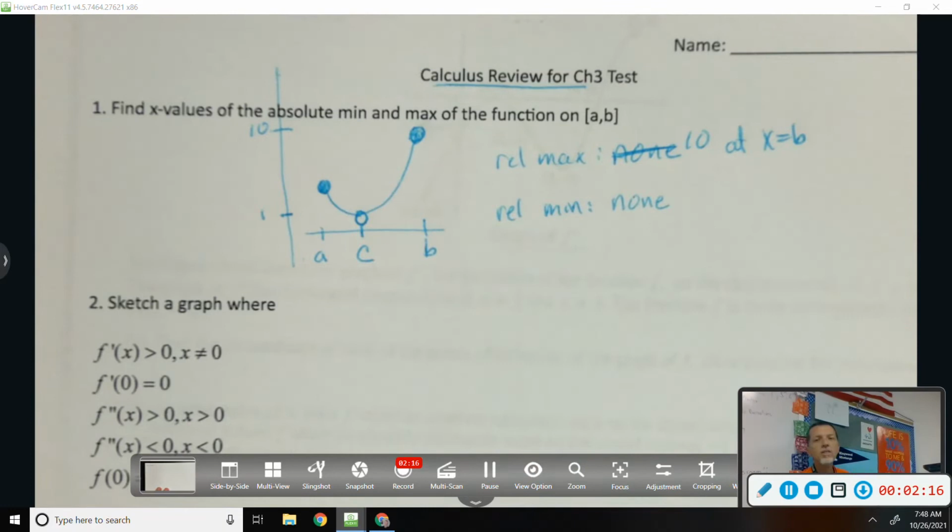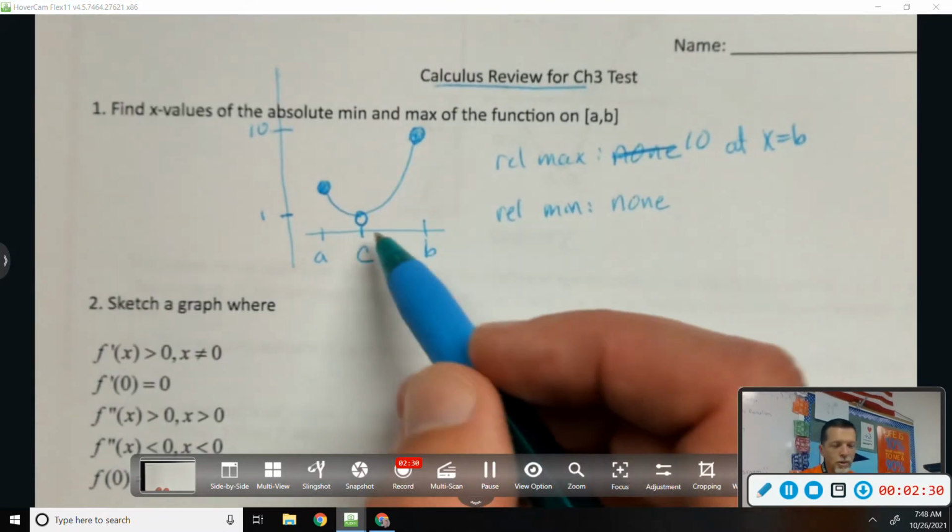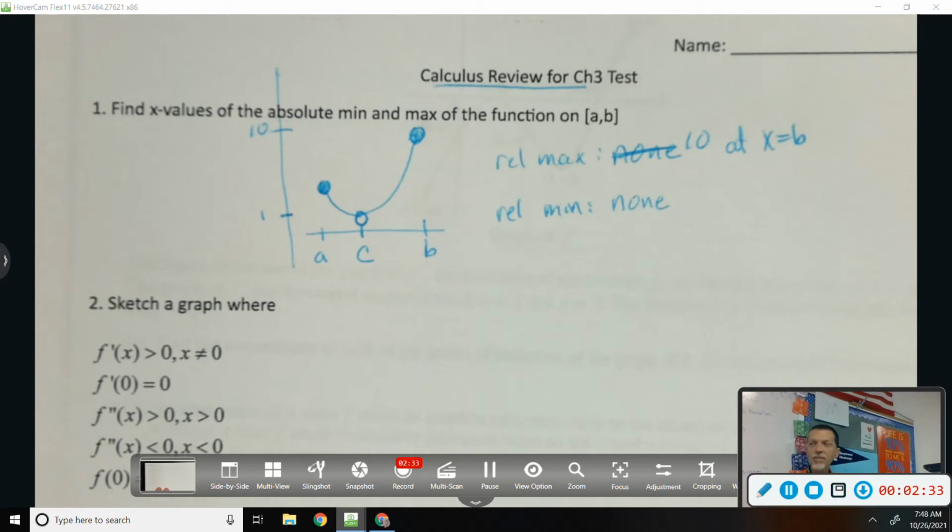So there is no relative min. So be careful on the open circle, closed circle stuff, especially for maxes and mins. And I inadvertently showed you the two ways you could do it. You could put them at the end, or you could put them in the middle. But if there's a max or a min at an open circle, then the max or the min doesn't exist. Maybe that's the easiest way to say it.